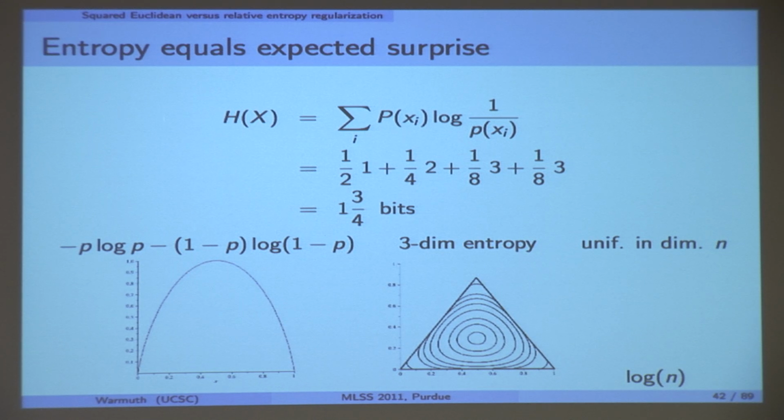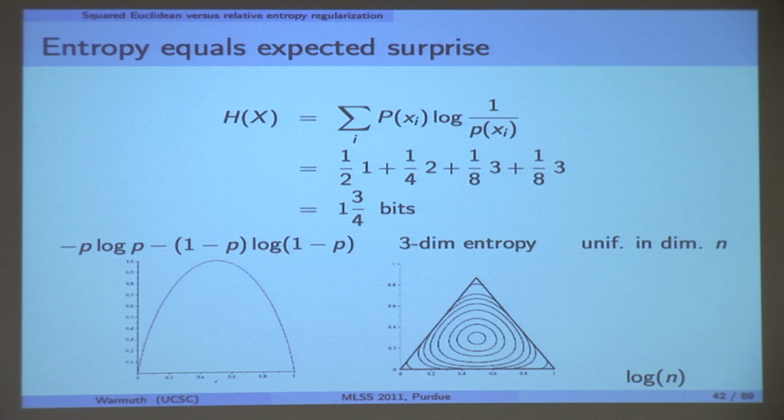Now let's talk a little bit about what this entropy function is. It's going to be very important because it's a very important regularizer. Look here. In 2 dimensions, you have 2 events, p and 1 minus p, because they have to sum to 1. If you plot the entropy, you get this thing.